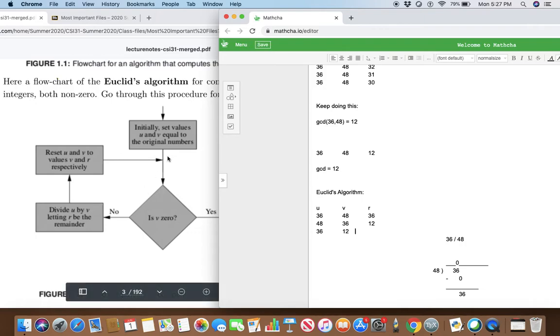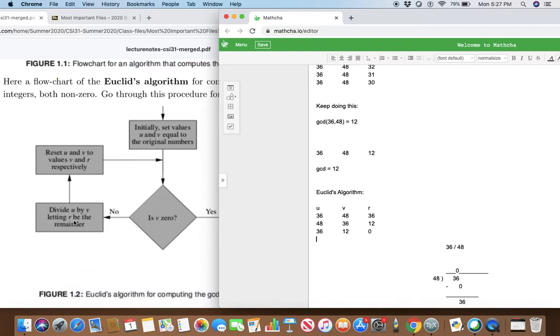Okay, go back. Is v 0? No, it isn't. So divide u by v. How many times does 12 go in 36? 3 times. What's the remainder? 0. All right. So you did that. R be the remainder. Go back. Reset u and v. So my new u is the old v.